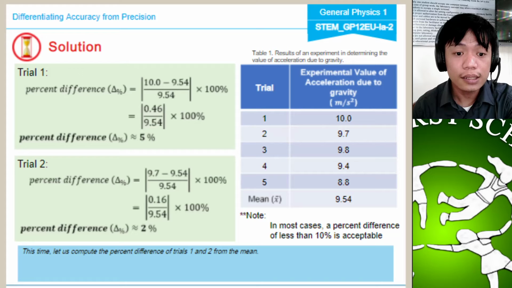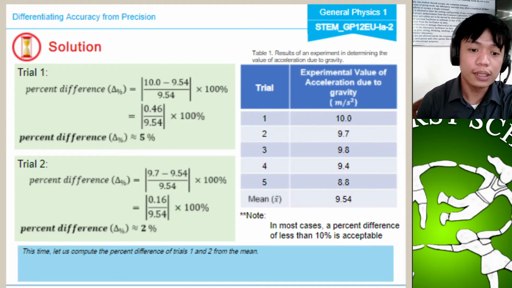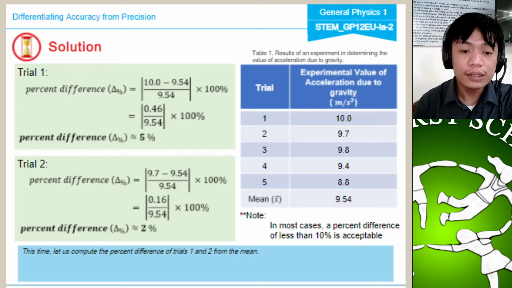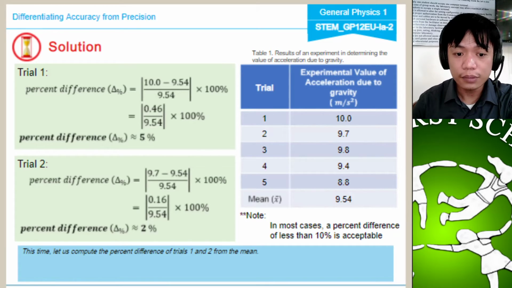But, let's see. So, 9.7 minus the 9.54 divided by 9.54 times 100 is equal to 0.16 divided by 9.54 times 100. So, we did get 2%. Meaning to say, mas accurate na naman yung trial 2.